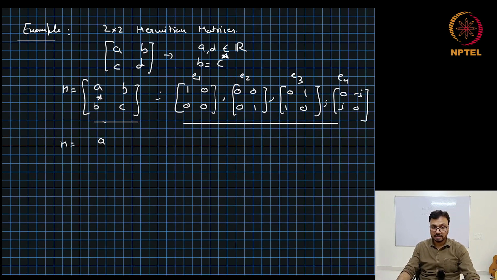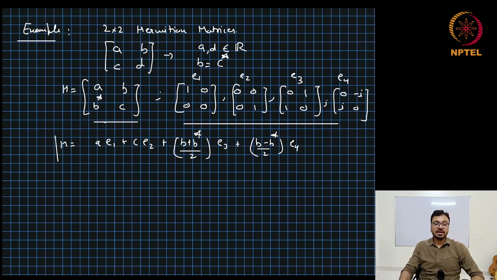Then I can write H as A times E1 plus C times E2 plus (B plus B star) over 2 times E3 and (B minus B star) over 2 times E4.